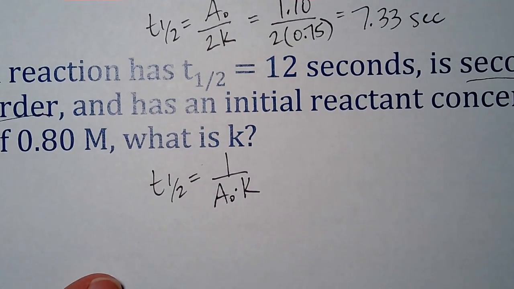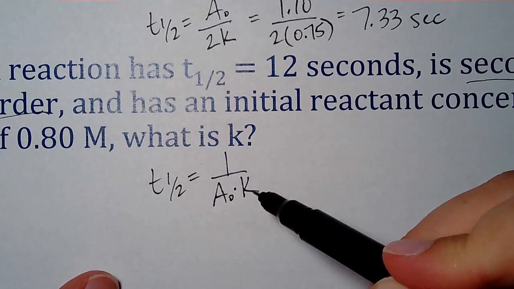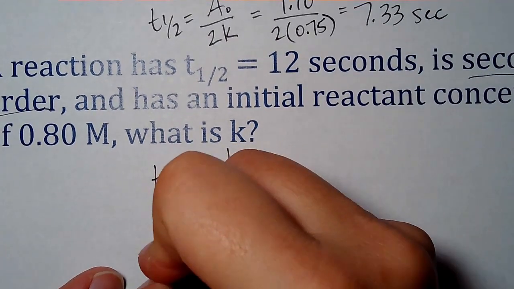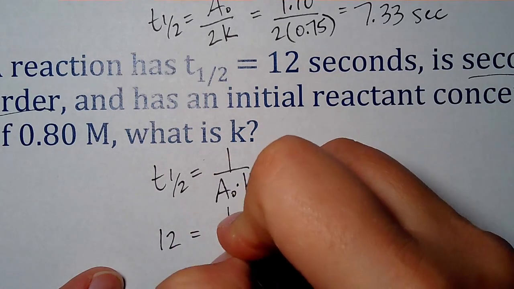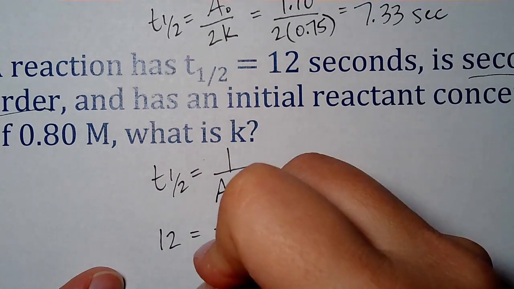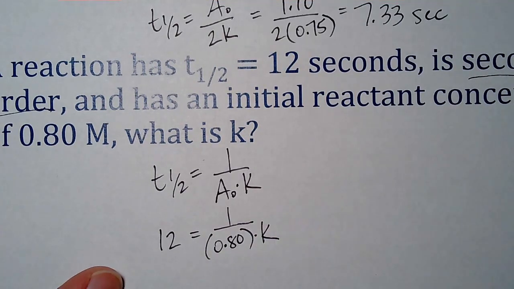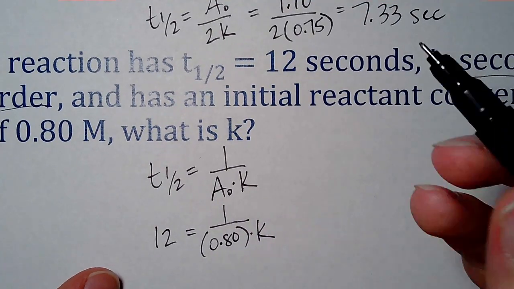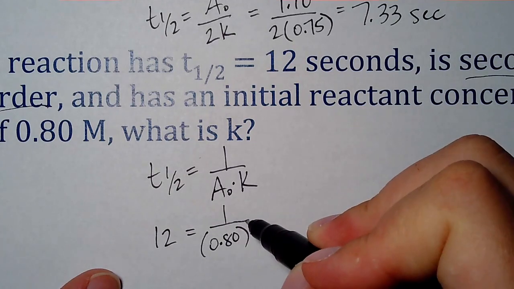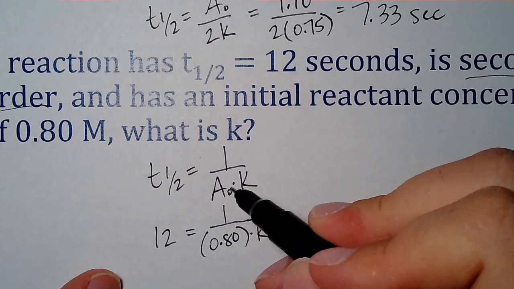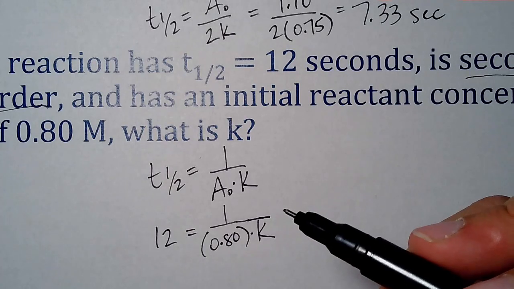So half-life is 12 seconds. Initial concentration is 0.8. And I'm trying to find K. So notice here that K is on the bottom of the fraction. So we need to get K off the bottom in order to solve for it. There are a couple ways to do this.